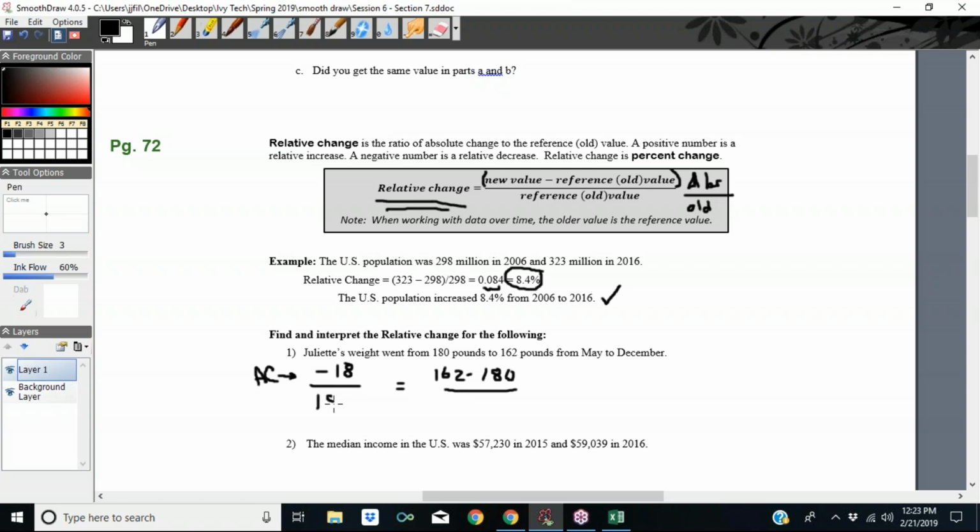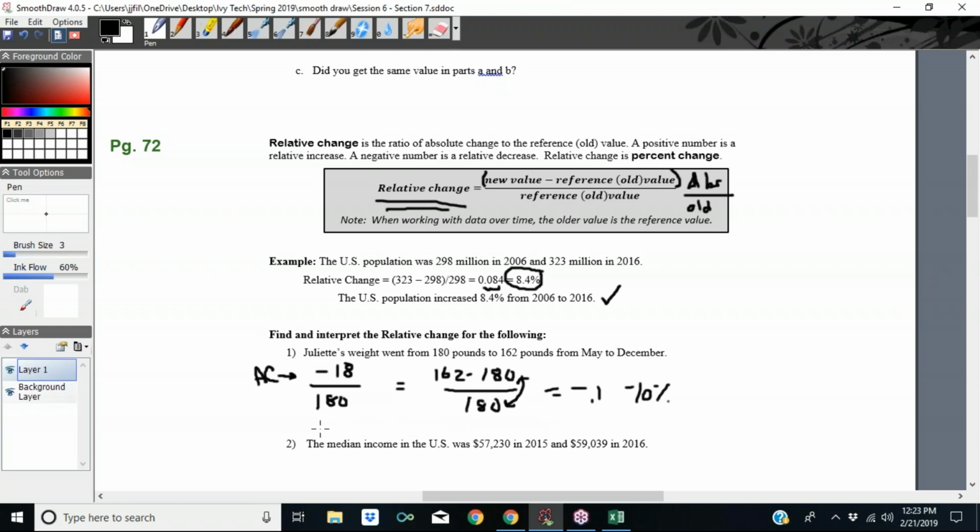The original weight was 180. Notice how the 180 is on the right side and on the bottom. So whatever number is on the right side, that should be on the bottom also. And so negative 18 over 180 is, help me out, negative 0.1. So negative 10%, or a loss of 10%.